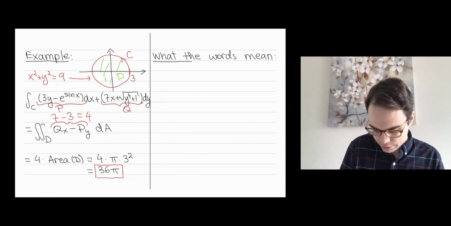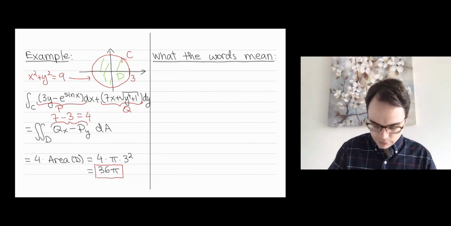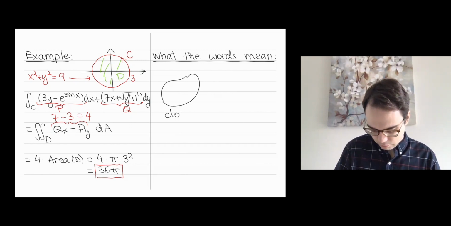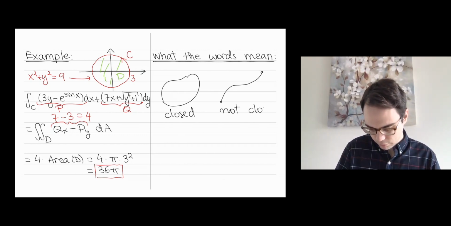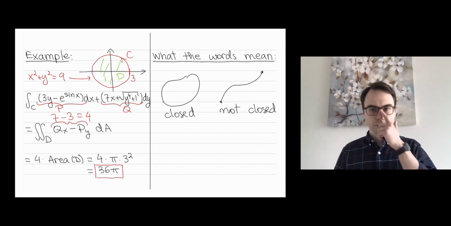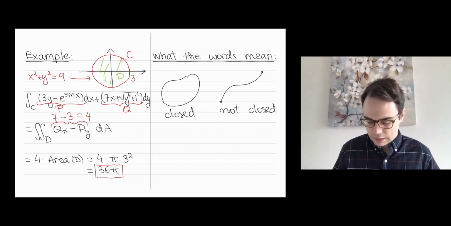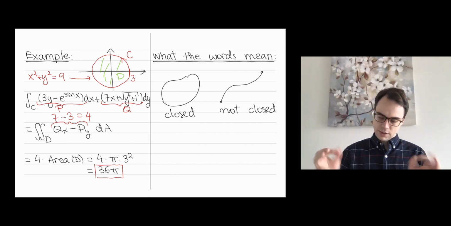I mean, they're pretty much self-explanatory. For example, this curve over here is closed, and this over here is not closed. A closed curve doesn't have endpoints.